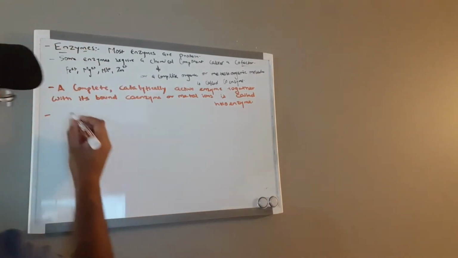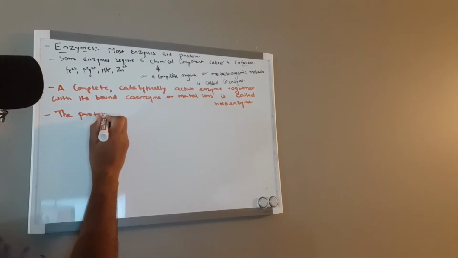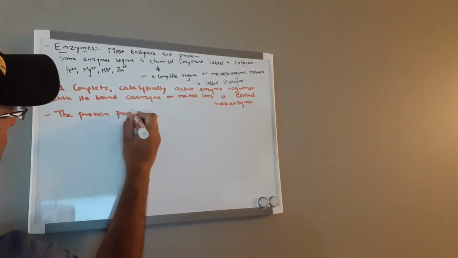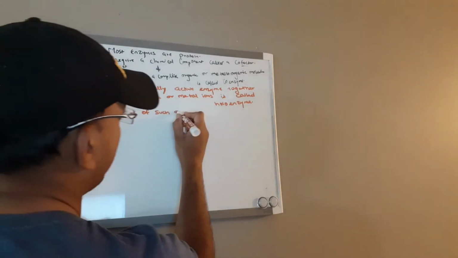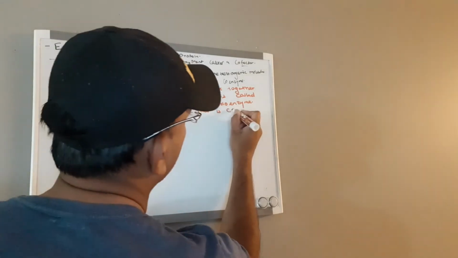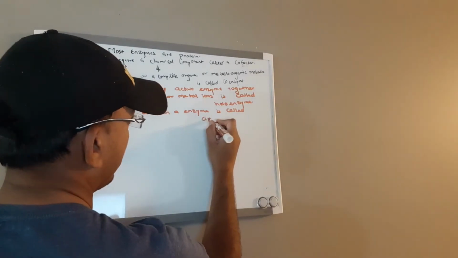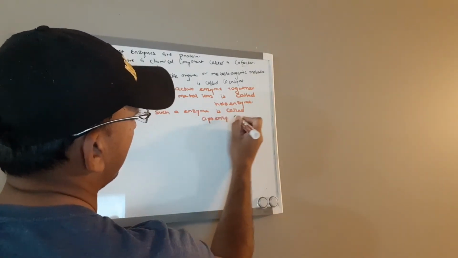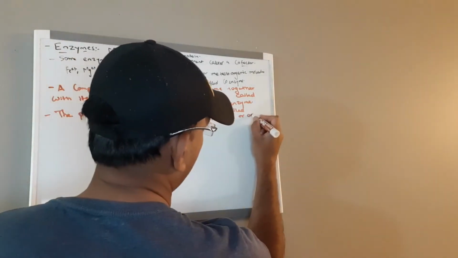And the protein part of such an enzyme is called an apoenzyme or apoprotein.